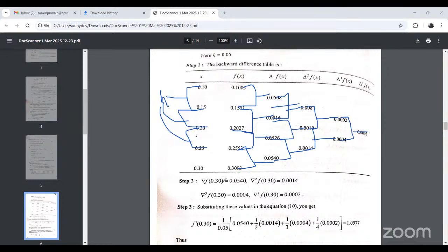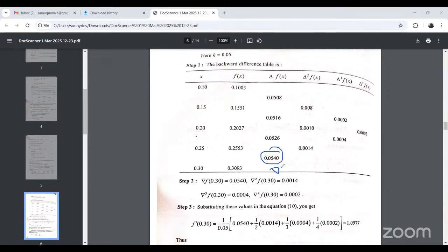So here we are using the backward, no. This is called nabla y naught, and this is nabla square y naught, and this is nabla cube y naught. This is nabla 4 of y naught. Okay, so we can substitute that formula.